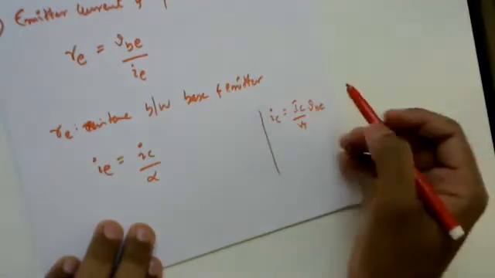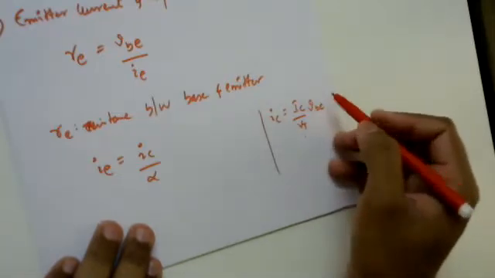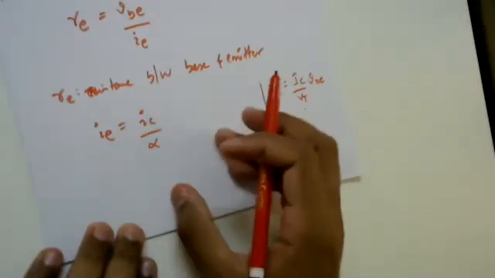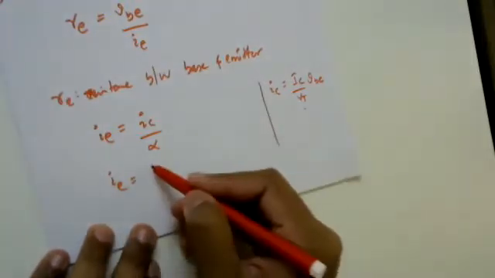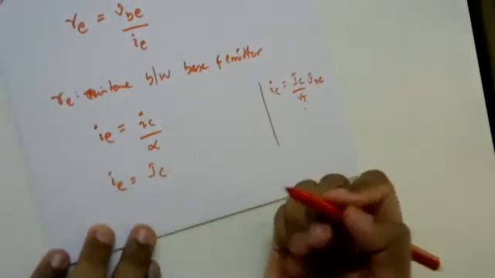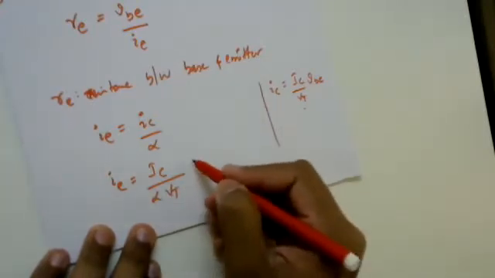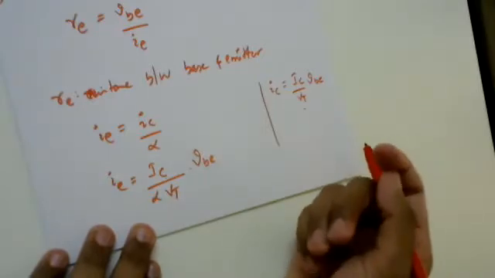This was the equation. So now I can write IE is equal to IC divided by alpha, where this VT will come in the denominator into VBE.